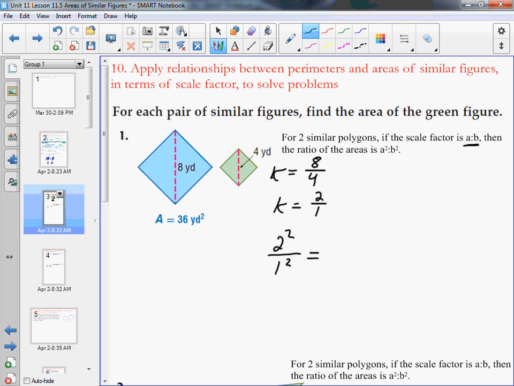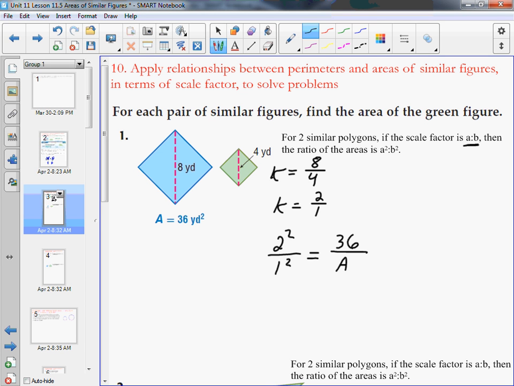Well, the one on the left has an area of 36. The one on the right has an area of, I don't know. So that's my variable. And I chose A because A stands for area. If you don't want to call it A, you don't have to, but I usually do because it reminds me that it's area. Okay? Then we solve it for A.